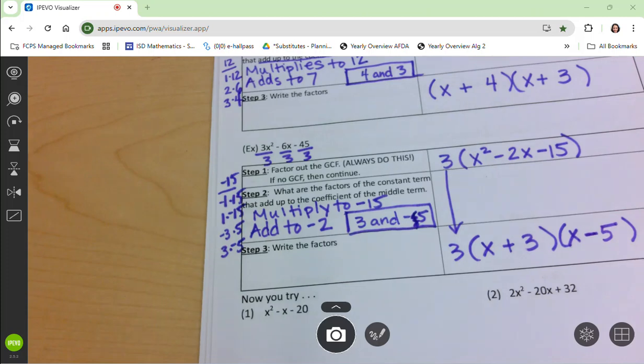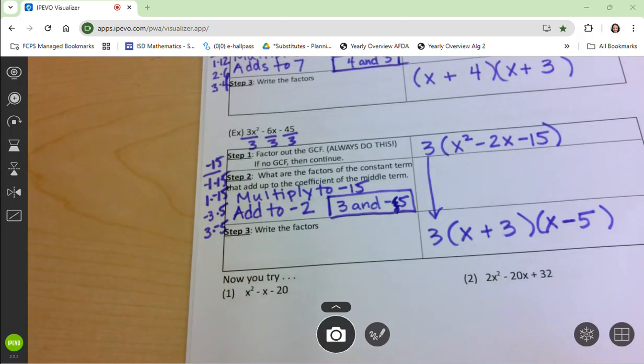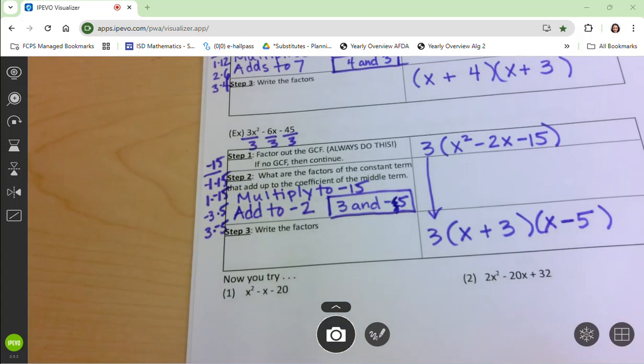All right, who has a question? Yes, go ahead. What if when you're doing the GCF part, what if you can't divide, like, what if instead of this negative 6x, it's just negative 5x? Okay, you guys, Ahmed asked an excellent question.